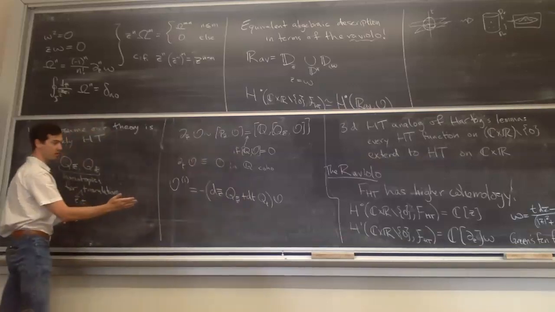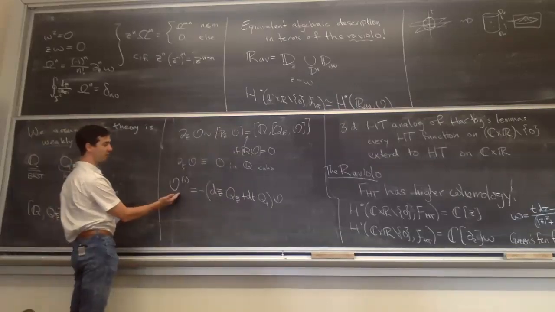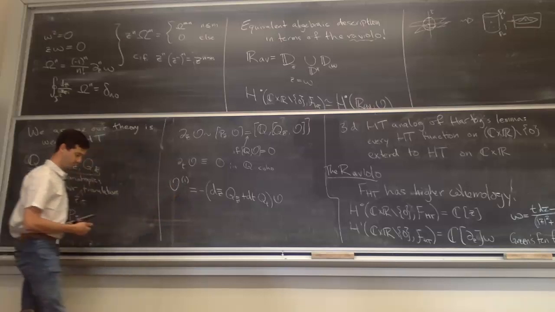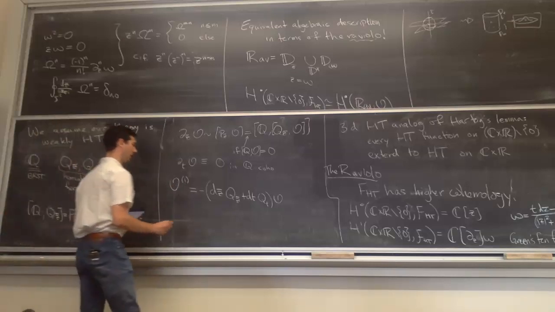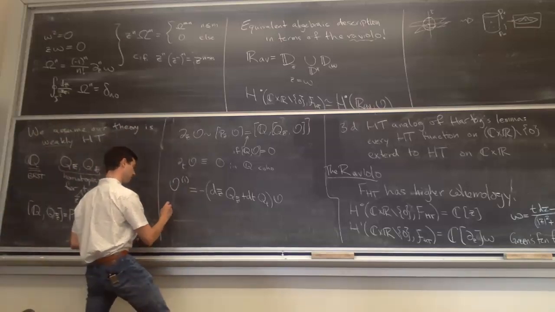So for any local operator O, I can make this one-form valued local operator O bracket 1. And it satisfies this descent equation.